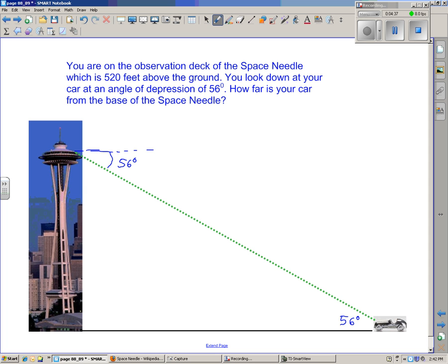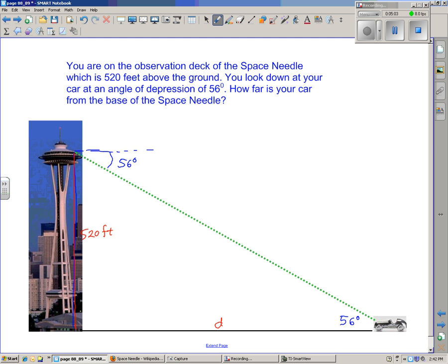This distance here is 520 feet. I'm trying to find this distance here. Let's call it d. I'm trying to find d, and I know those pieces of information.